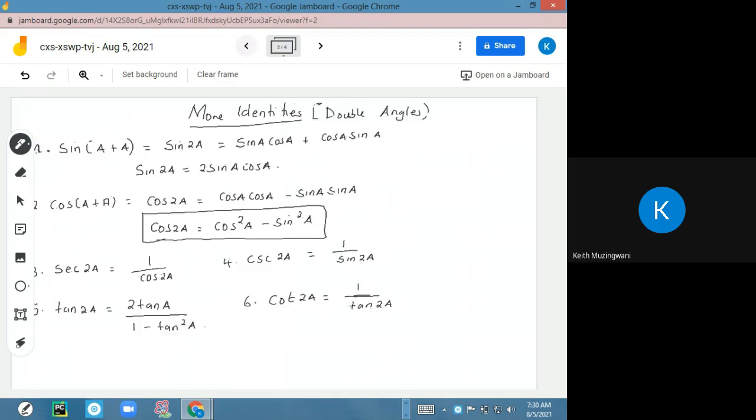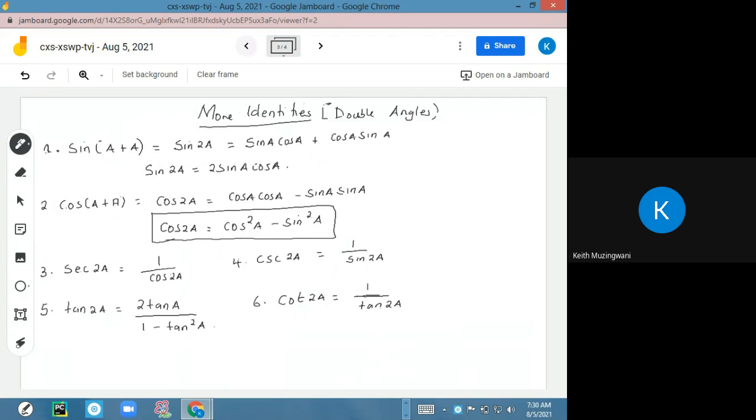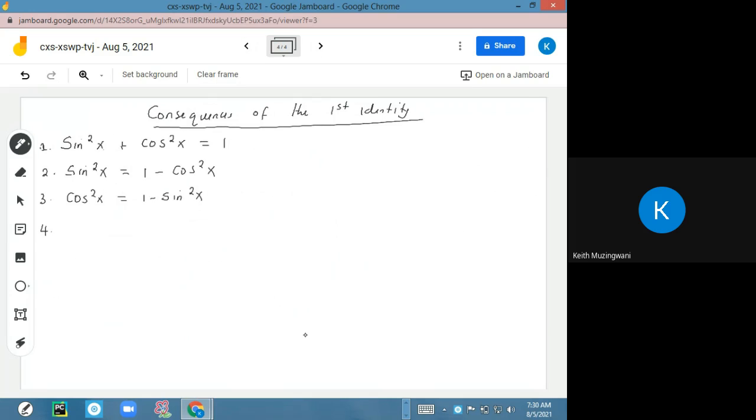So now what is here is cos 2a is equal to cos squared a minus sine squared a. Suppose we choose to write cos in terms of sine.